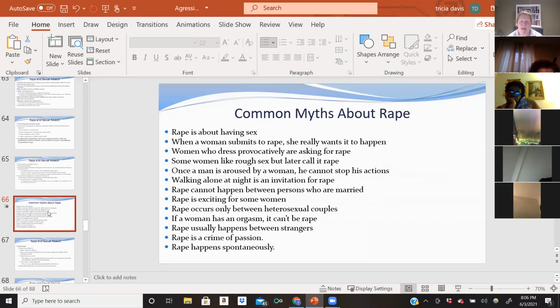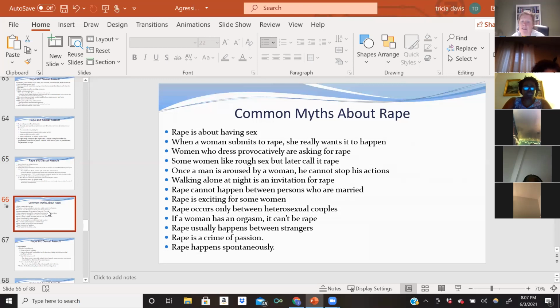Rape is about having sex. That's not true. When a woman submits to rape, she really wants it to happen. Women who dress provocatively are asking for rape. Some women like rough sex, but later call it rape. Once a man is aroused by a woman, he cannot stop his actions. Walking alone at night is an invitation for rape. Rape cannot happen between persons who are married.